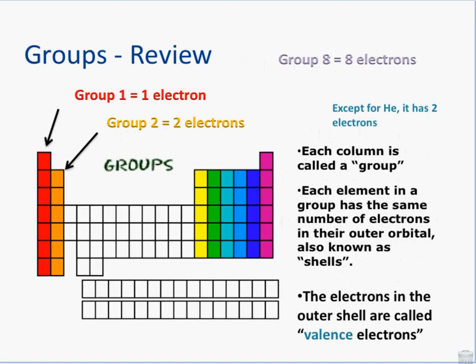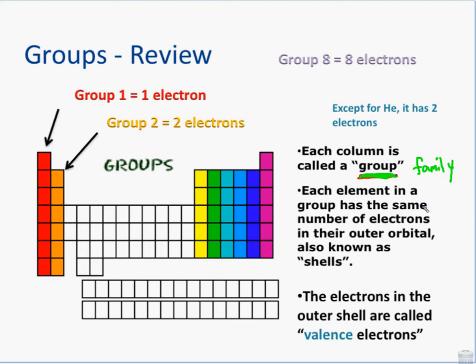Going on to the next part on your notes, the review section. Each of these columns is called a group. Each column is called a group. We also call them families. The carbon family, right? Or the nitrogen family, all these things.